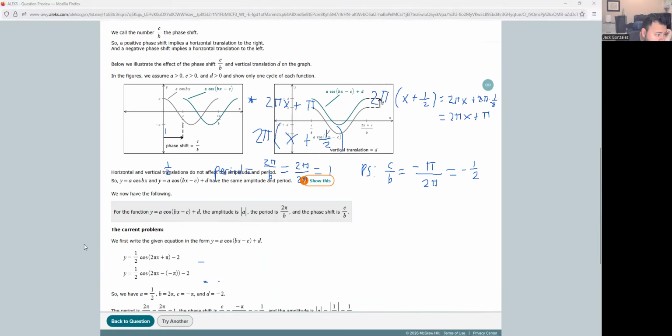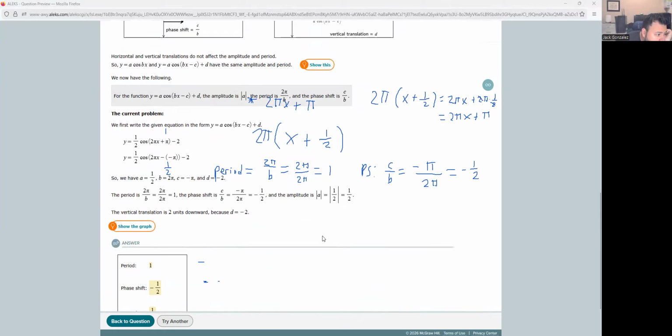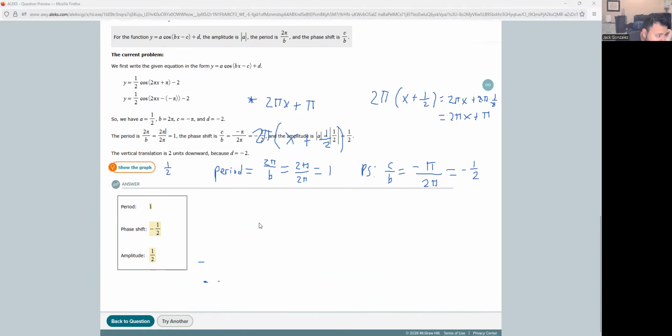Let's go look at the answers. Yeah. Amplitude is half, phase shift is negative half, period is 1. So yeah, we're all good right there.